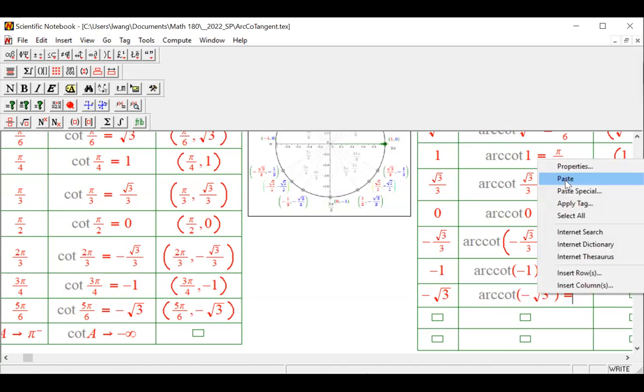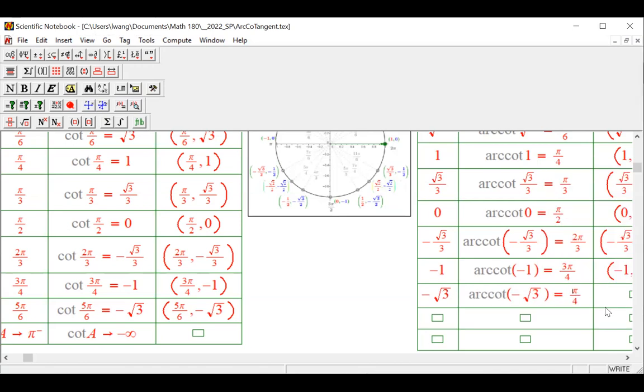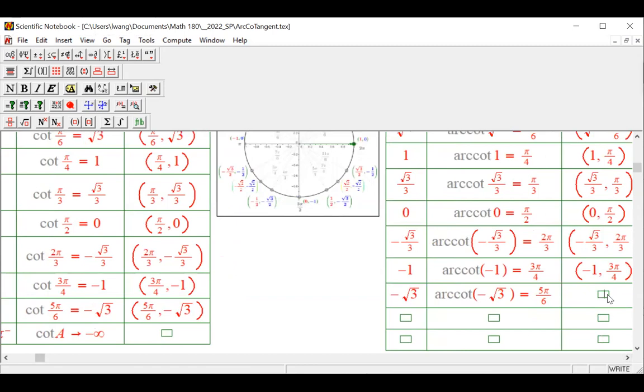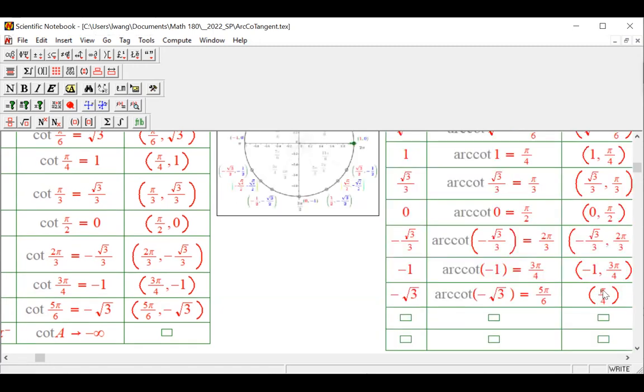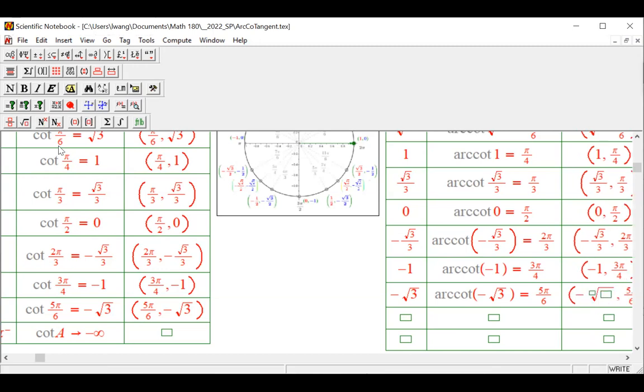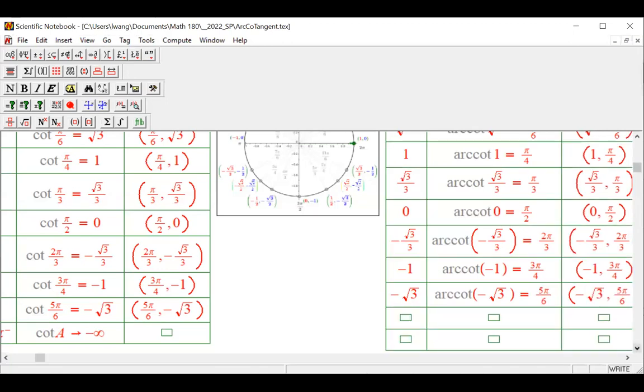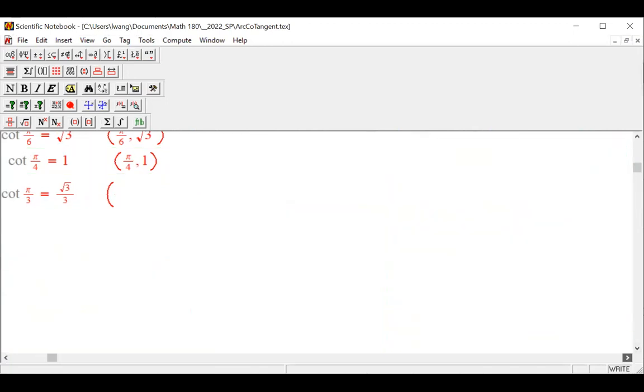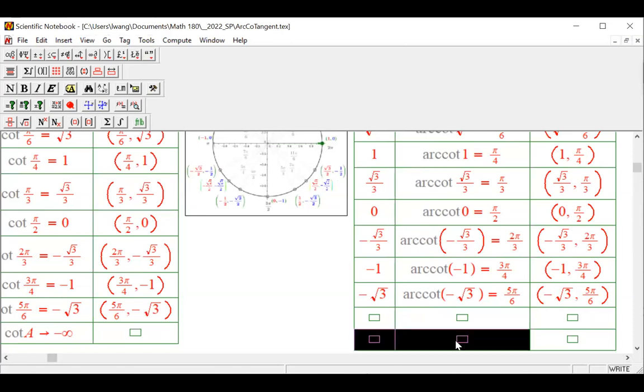So this is going to be 5 pi over 6. The point we're getting is 5 pi over 6, and the ratio is -√3. And that's our ArcCotangent.